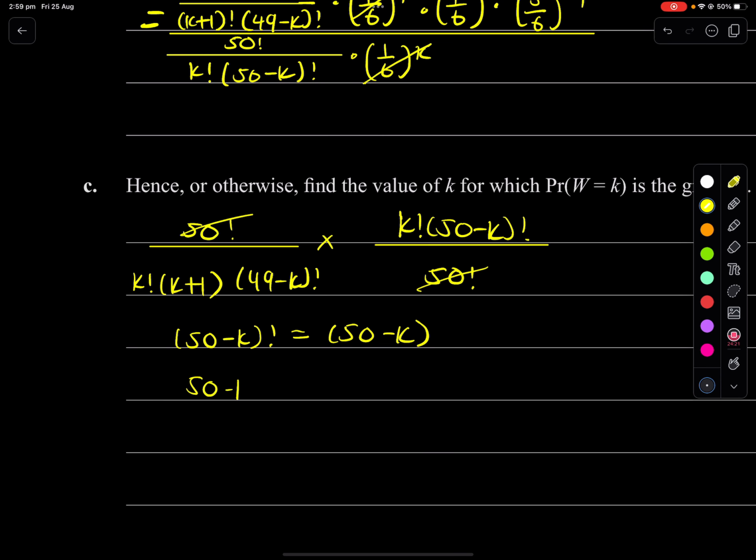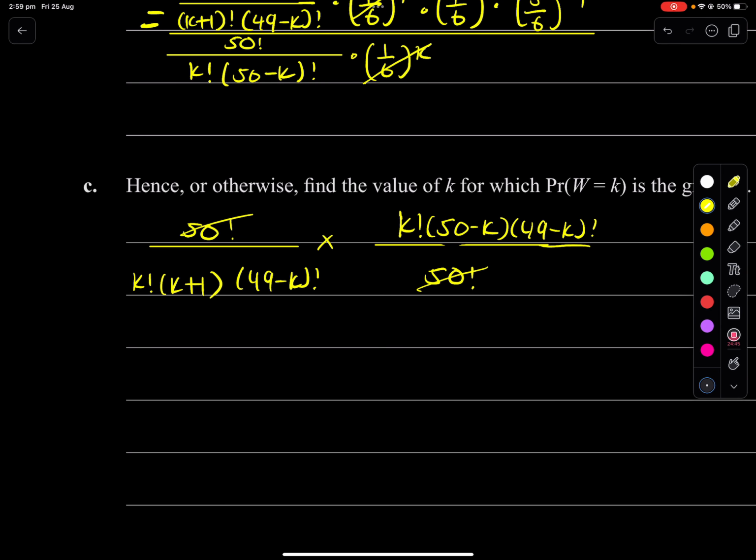So what's 50 minus k minus 1? 49 minus k. So it'll be (49 minus k) factorial. So we can sub that in over here. It'll be (50 minus k) times (49 minus k) factorial.